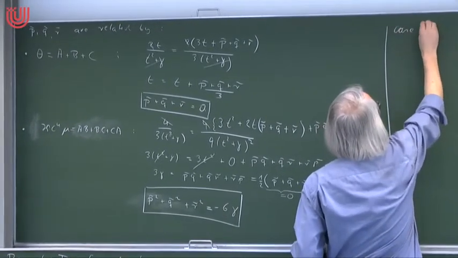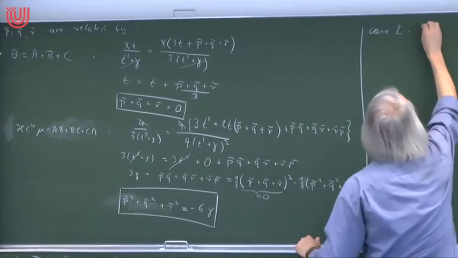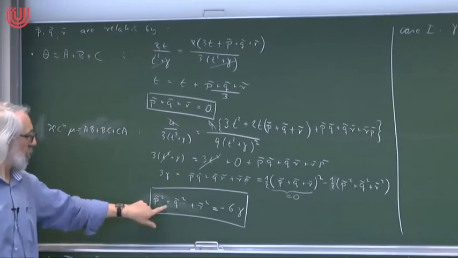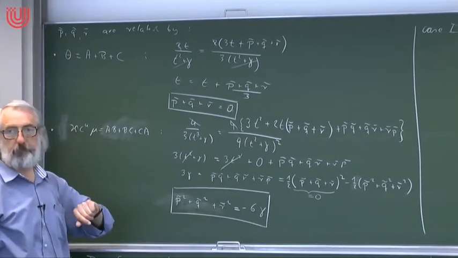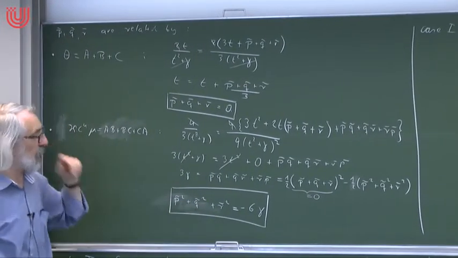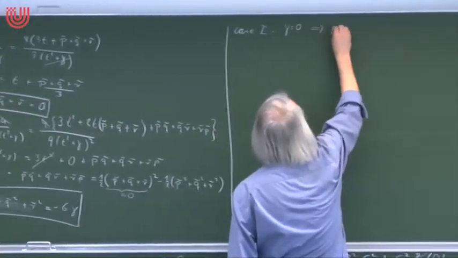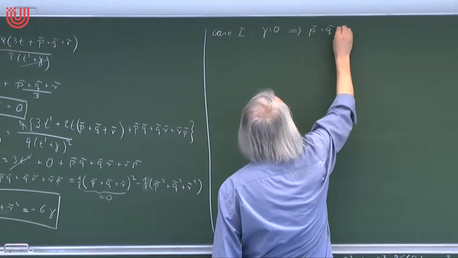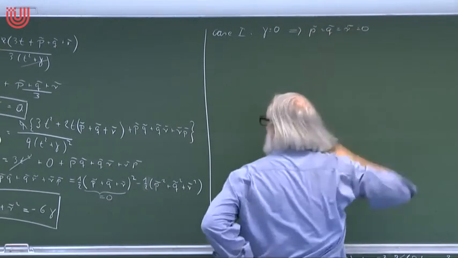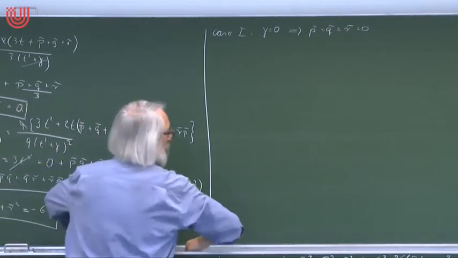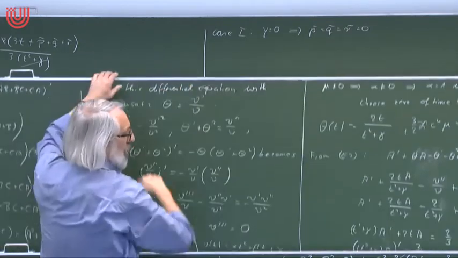So case 1, let's say, gamma equals 0. Well, if gamma is equal to 0, then each of these coefficients must be 0. Because they are squares, they cannot compensate each other. So this means that all 3 coefficients are 0. But if all 3 coefficients are 0, what happens with A, B, and C? They become equal.